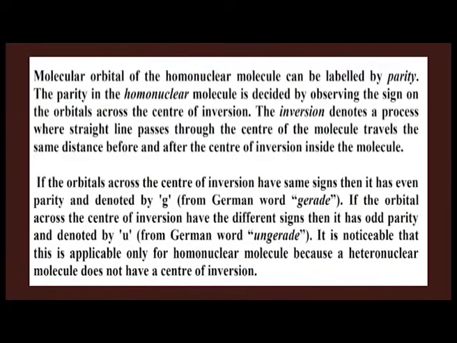If the orbital across the center of inversion has different signs, then it has odd parity and is denoted by u, which stands for the German word ungerade. An example of this is the sigma 1s star orbital. It is noticeable that this is applicable only to homonuclear diatomic molecules, because a heteronuclear molecule does not have a center of inversion.